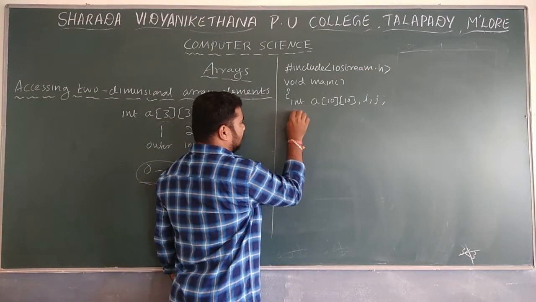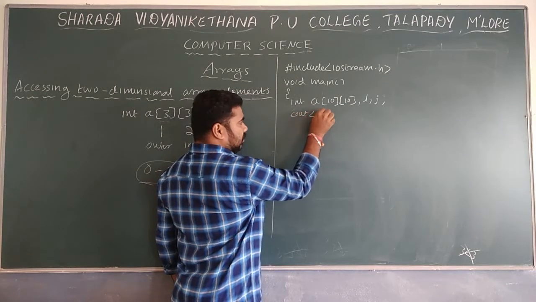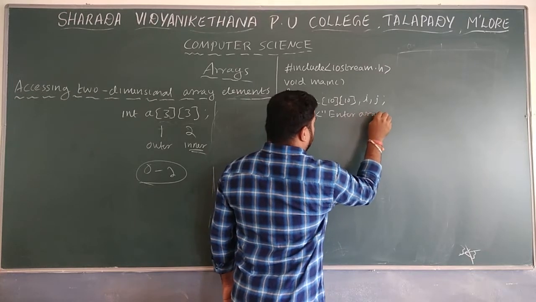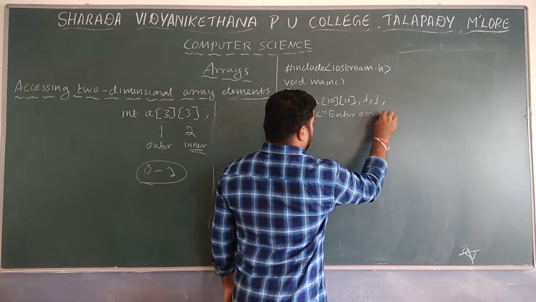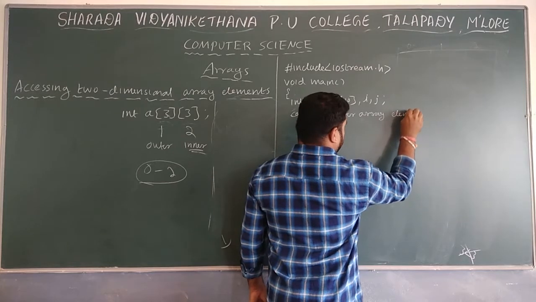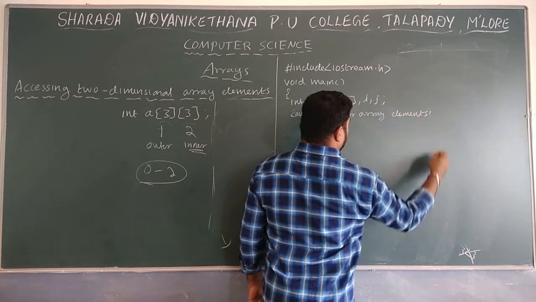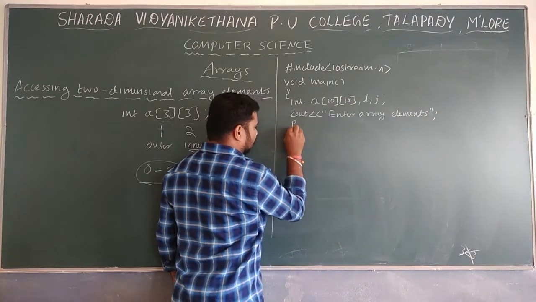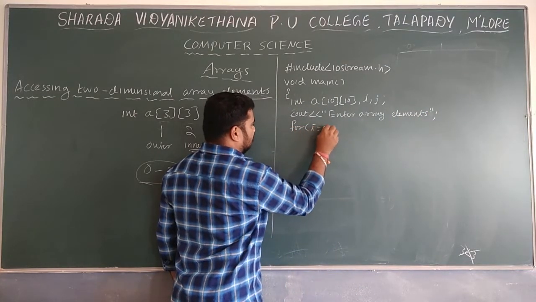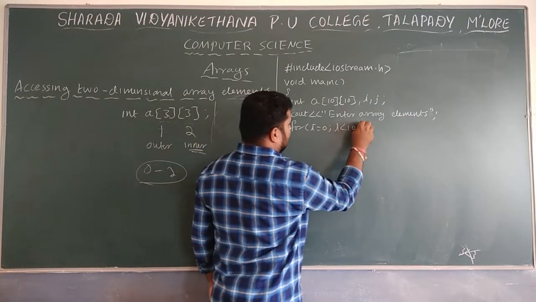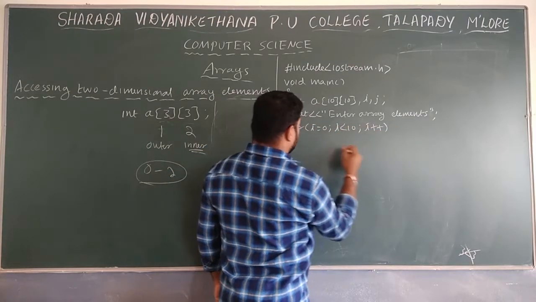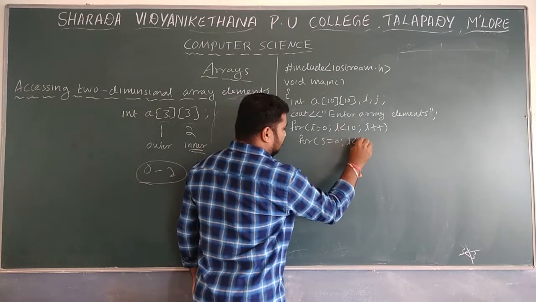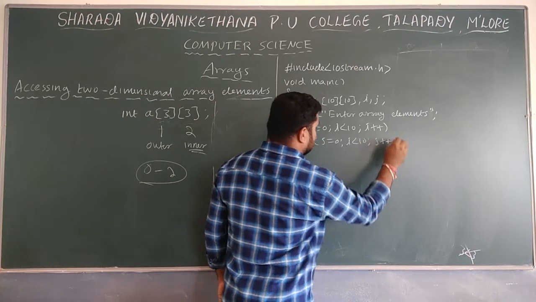See, first I write cout, enter array elements. Then for i equal to 0, i less than 10, i plus plus. Next I write directly here for j equal to 0, j less than 10, j plus plus.